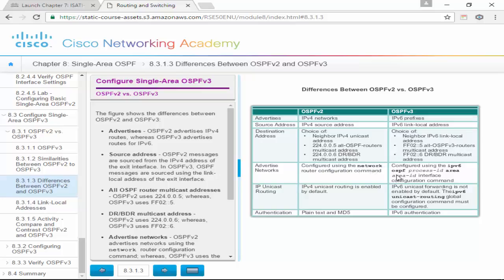Instead of using the network command, we just put an interface into it, right? So we go into IP version 6 router OSPF, let's say 2, and then instead of putting all of our stuff in there, we just set a router ID and move on, a 32-bit router ID.